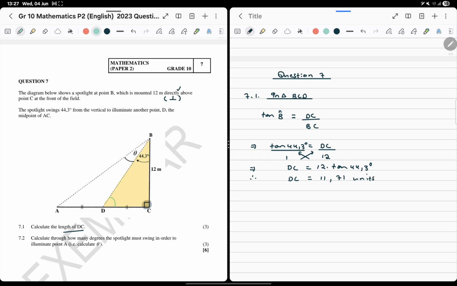Units. Because, oh, by the way, this is meters, so we're going to write meters. If you don't write units, you lose the last mark. Remember the trig ratio does not have units, but now 12 is not just 12 units, it's 12 meters. So this becomes meters. So again, be careful with these kinds of questions.